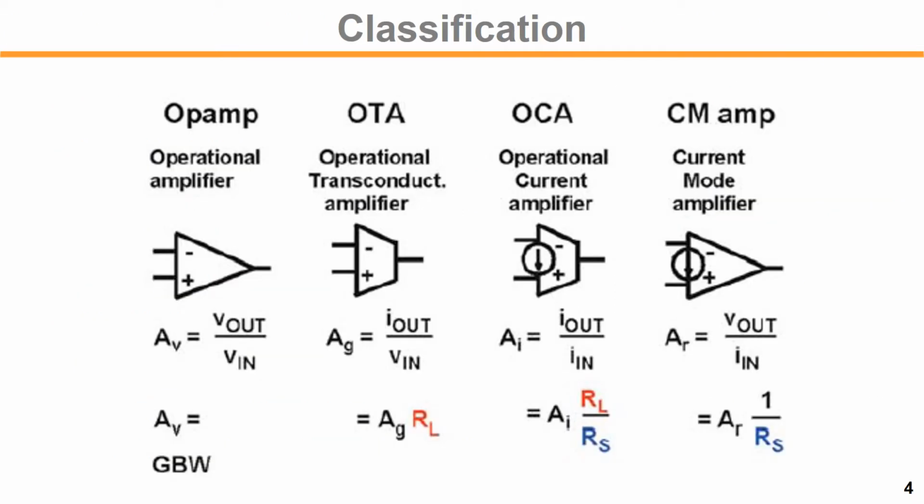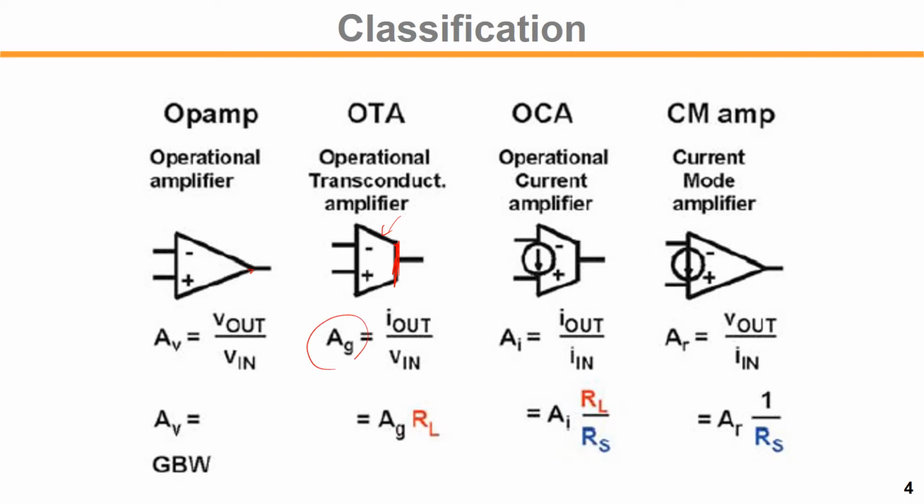So we will summarize the amplifier topology. Like on these figures, for the triangular symbol, we call it operational amplifier. For the other case, like the OTA, it doesn't have a sharp angle because that one represents the current output, so voltage input to current output.